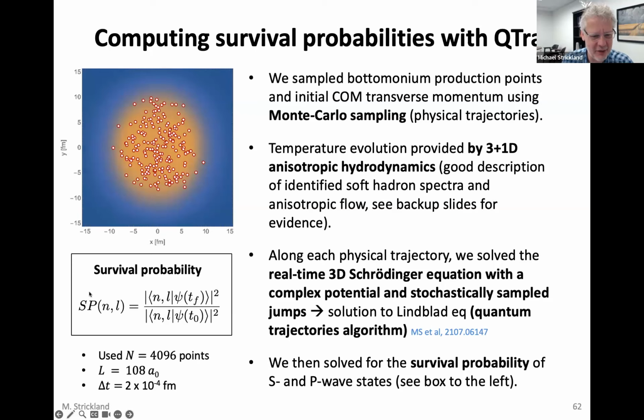For each of them, we then calculate their survival probability, which, as I said earlier, is the ratio of the final overlap of a given quantum state I'm interested in with the evolved wave function, now evolved through this complicated non-Hermitian plus jump operator bit, divided by whatever the initial overlap is. That gives me these survival probabilities.